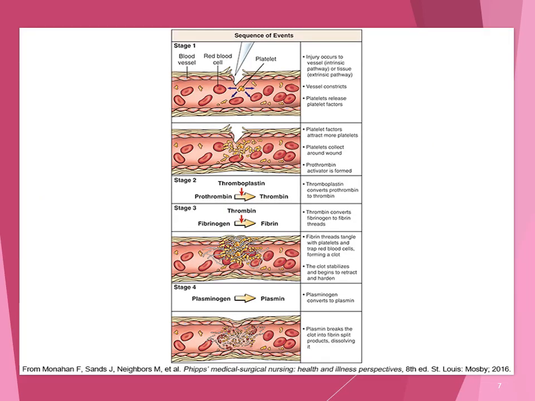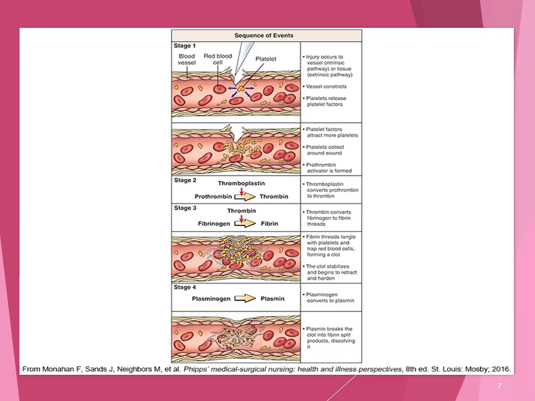So here's a picture, and it is on your page 530. It's the formation of a blood clot. So first we have vasoconstriction. We have an injury, which causes vasoconstriction. The platelets release platelet factors. Then the platelets attract more platelets, so you can see them starting to congregate.